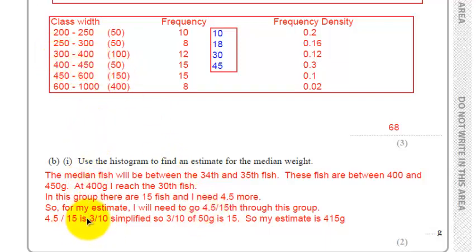Okay, 4/15 is 3/10, and you can use a calculator for this, so don't worry if you don't spot that. 3/10 of 50 grams is 15. So we're saying 3/10 of the way through here is 15 grams, and I need to go 3/10 of the way through to get to the 34th and 35th fish. Therefore, I'm going to add on the 15 grams to the 400, and my answer, my estimate, is 415 grams.